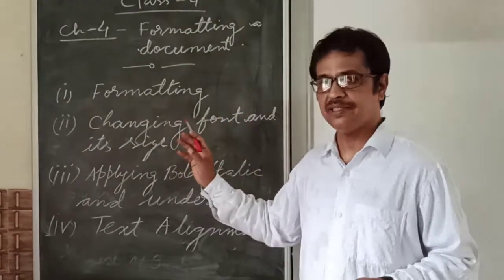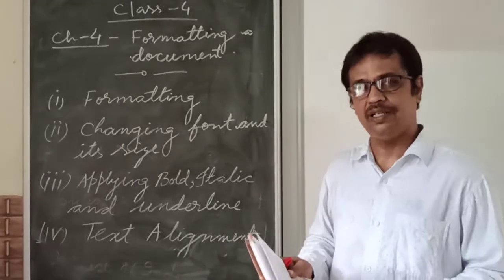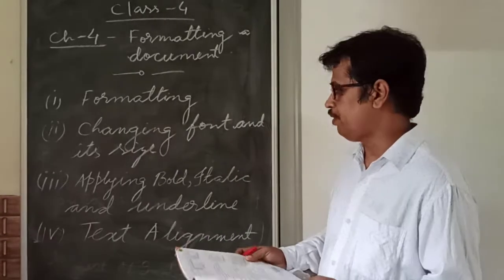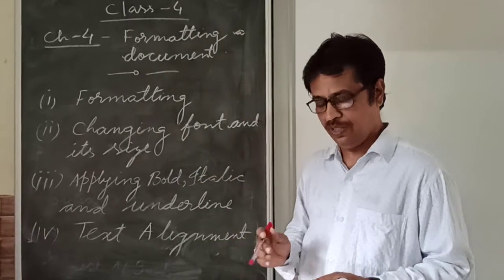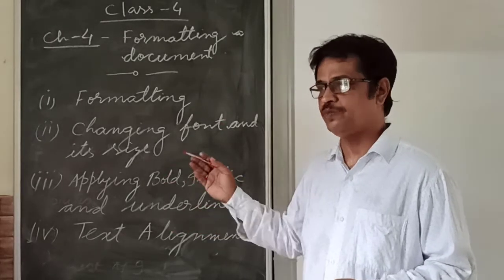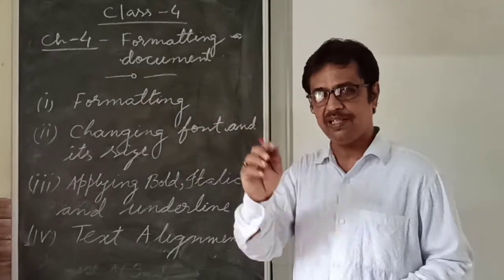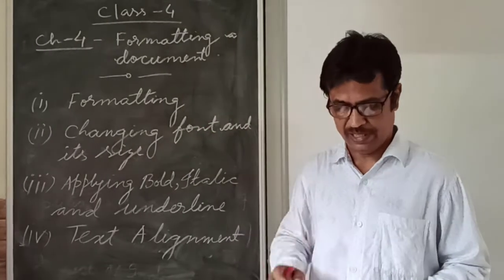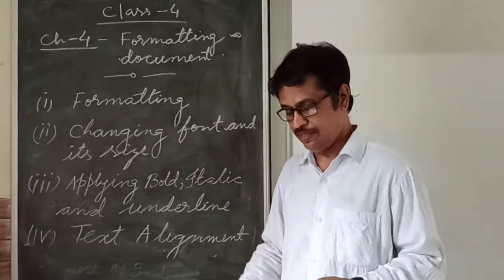Before doing it, as I told, select your text, go to the font section under the home tab, click the font style box, and a drop down list will come. You choose whatever you want, and beside that is the font size box. If you want to change the size, select the text, click that size box and choose your size. This is for changing fonts and their size.